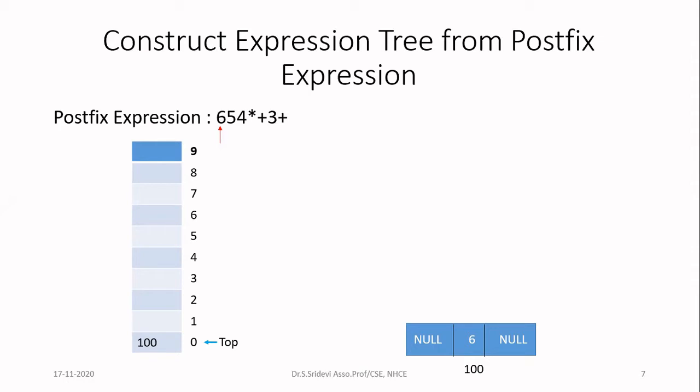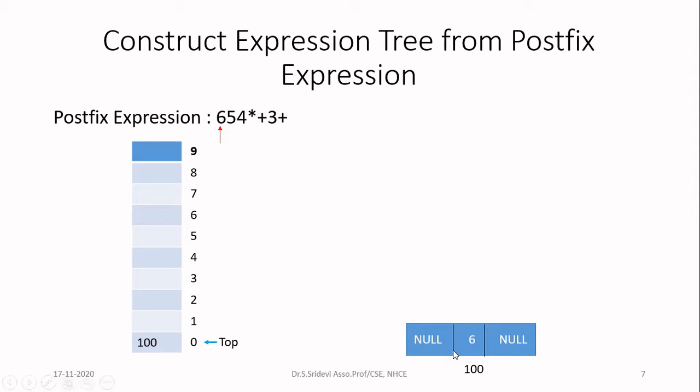The first field is a data field, which is going to represent what data we are going to store in that node. And then we will have 2 pointers. The left pointer, which will point to the left child, and then right pointer, which will point to the right child. And since the operands are the leaf nodes, both the left and the right pointers will be having null values. Now, 100 is the address allocated to this particular node.